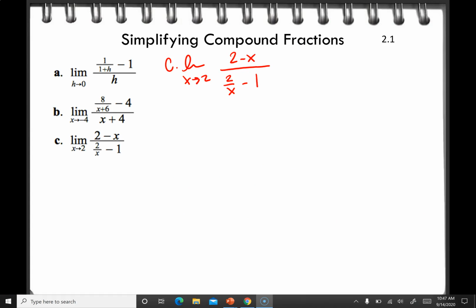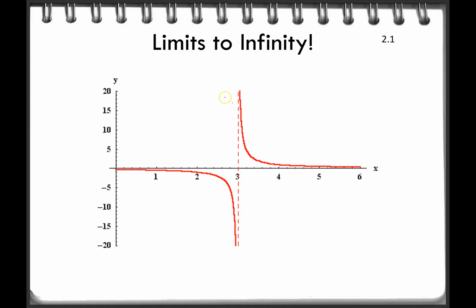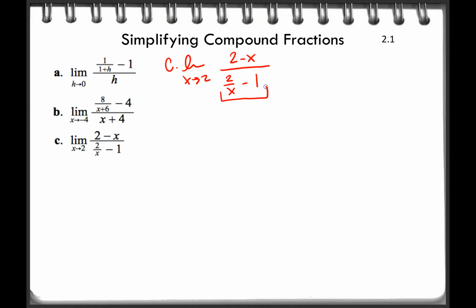All right, on C here, you can realize that we are actually trying to combine the fractions, sorry about that, the fractions in the denominator. So I'm going to have to multiply that negative 1 by x over x. So what does that become? Well, that's going to become the limit as x approaches 2.